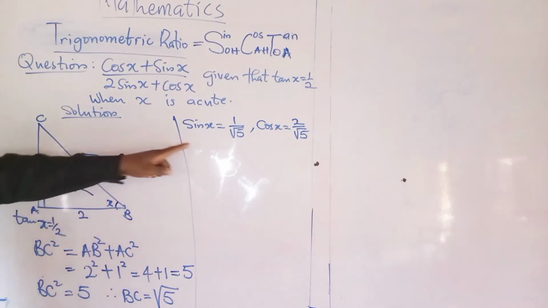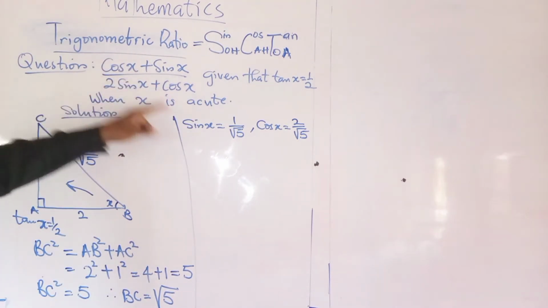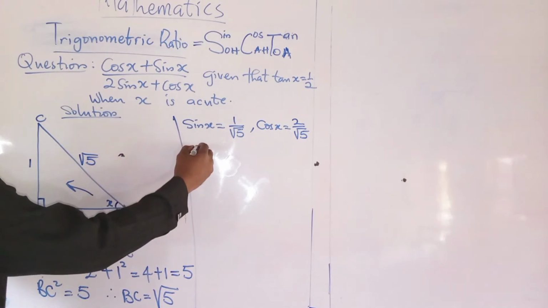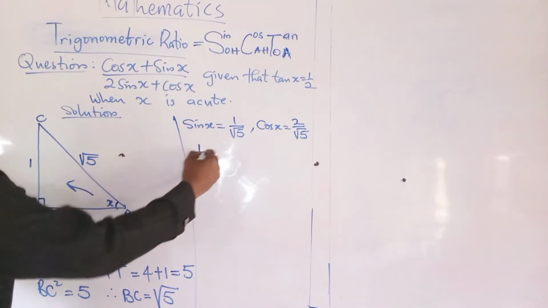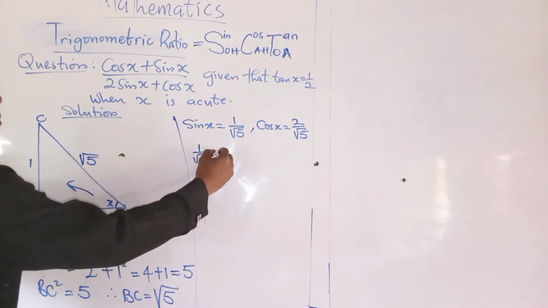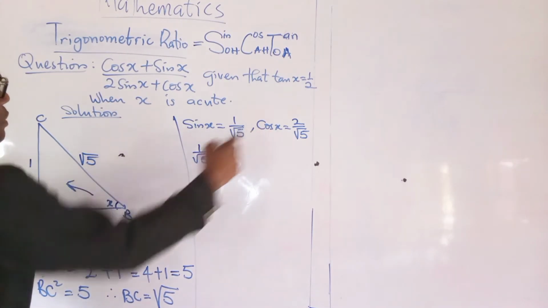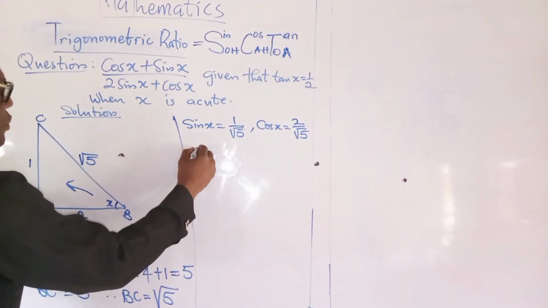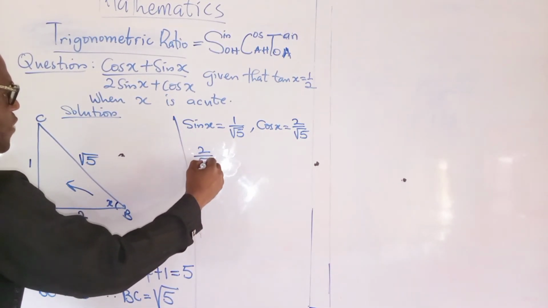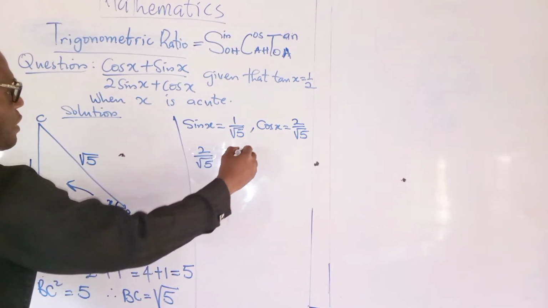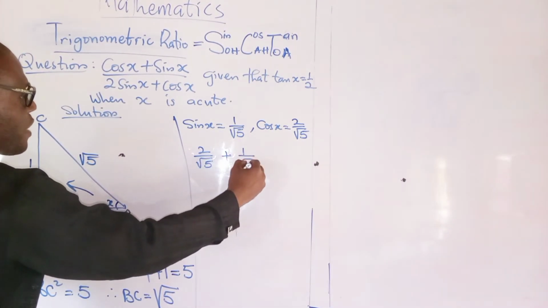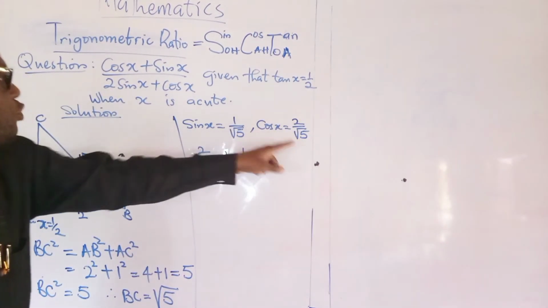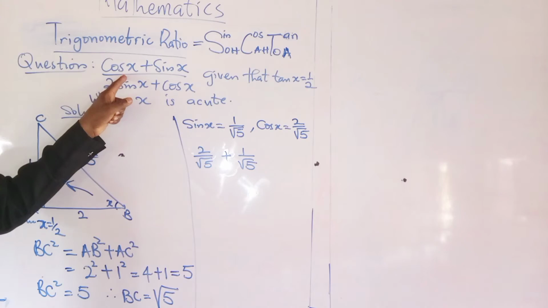Now, we substitute this value into the expression. For cos x, we have 2 divided by square root of 5.